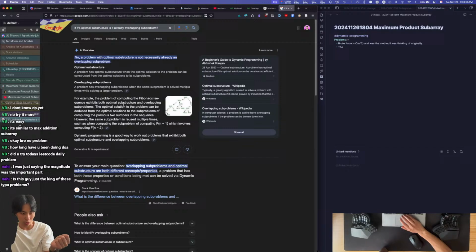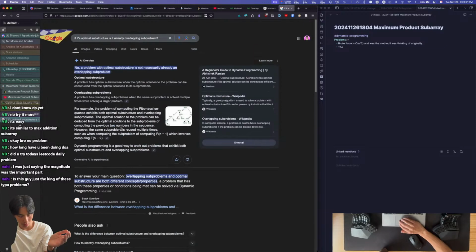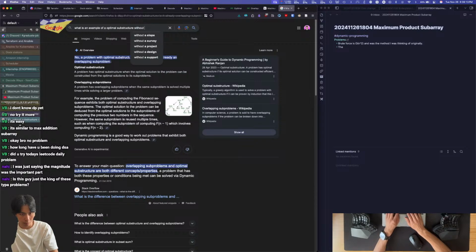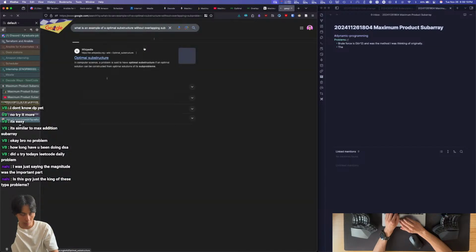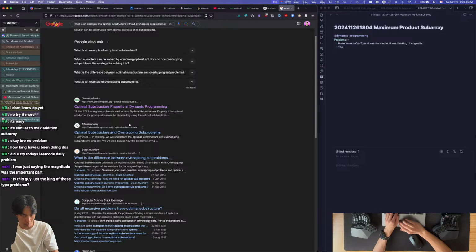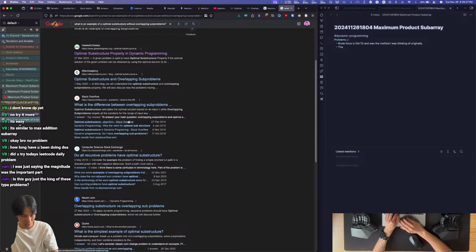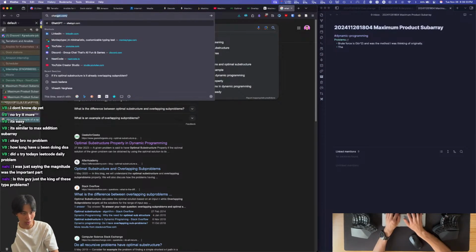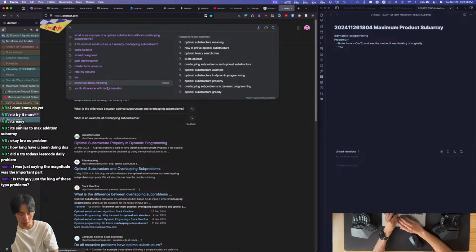What's an example of an optimal substructure without an overlapping subproblem, for example? Is that really a question that I'm asking correctly? I mean, this is something I might want to just clarify with ChatGPT.